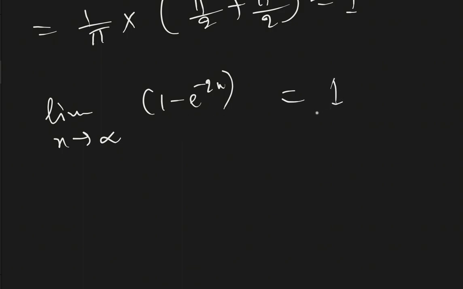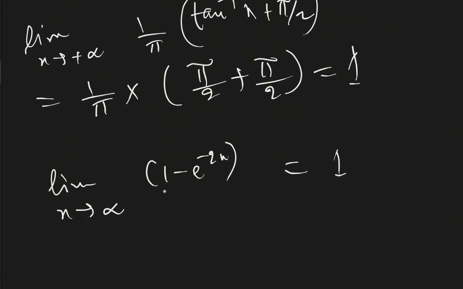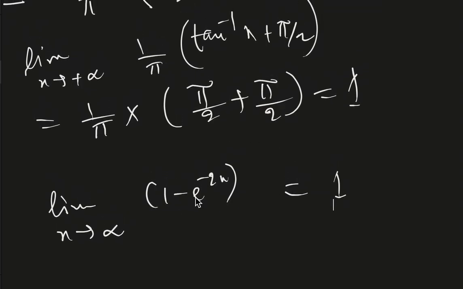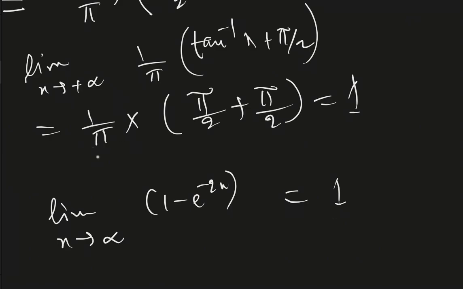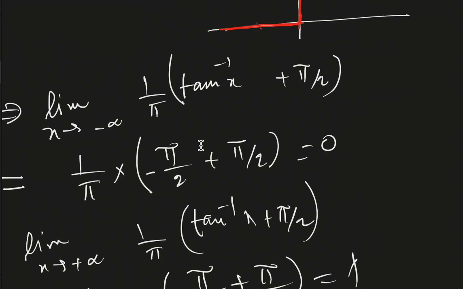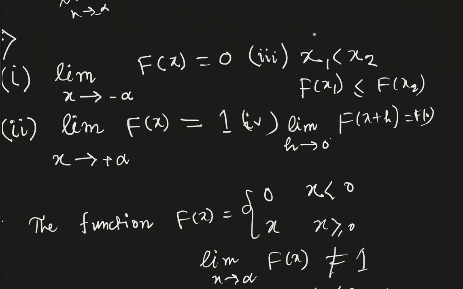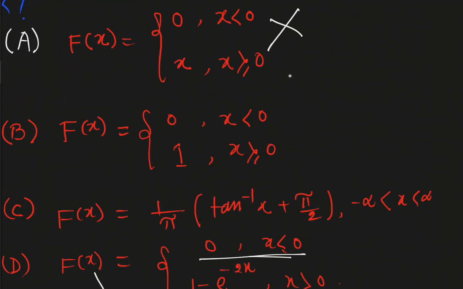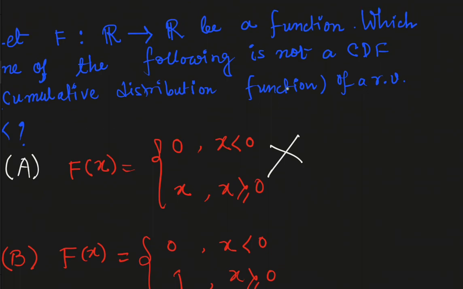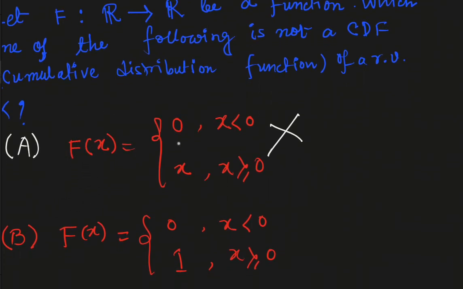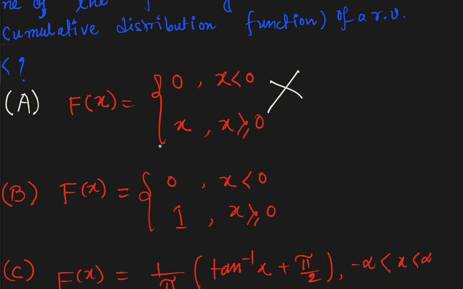So that is true, and it is also a monotonically increasing function for x greater than 0. So the third property is also true, and the fourth is also true. So only option A is not a cumulative distribution function, but all the other functions are cumulative distribution functions. So our answer is A.